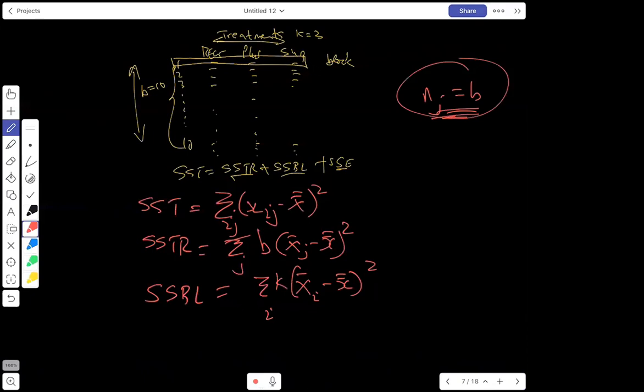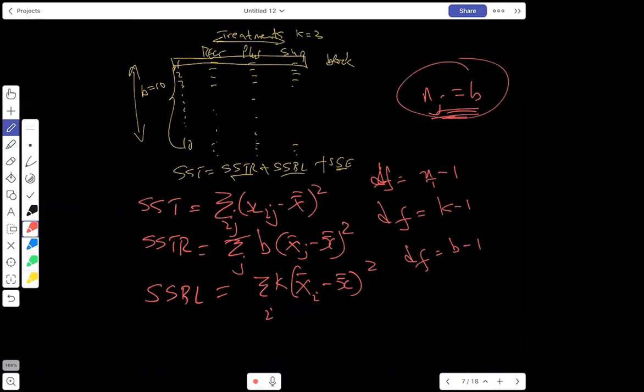And then it turns out that the degrees of freedom for everything is still n minus 1. The degrees of freedom in this case would be for blocks k minus 1. For this one, degrees of freedom would be b minus 1, right? The number of blocks that we have.